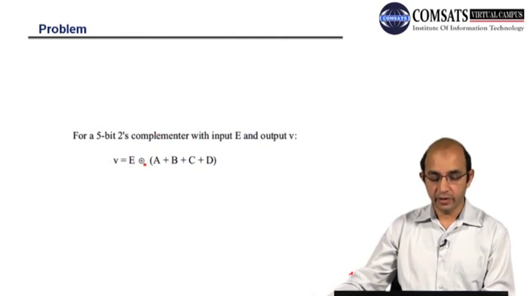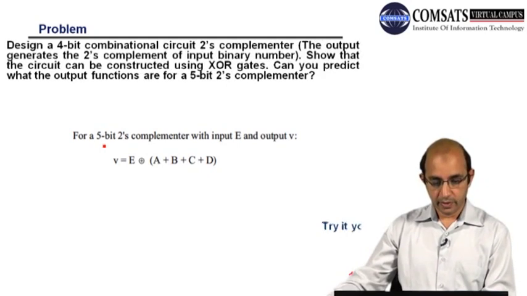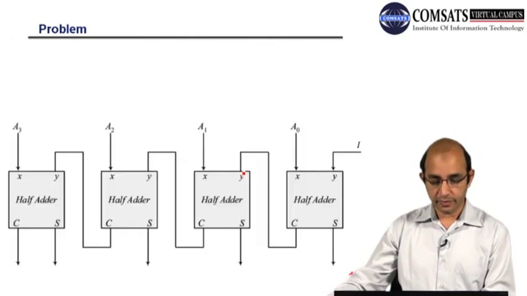So we will be having E XORed with A plus B plus C plus D, so this will be the 5-bit complementer, and we have an additional variable E, because A, B, C, D are 4 variables, and we have to introduce another 5th variable in order to have a 5-bit 2's complementer. Okay, so you can verify it, right?